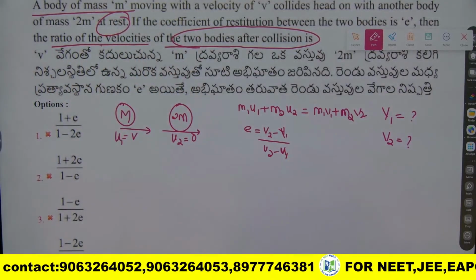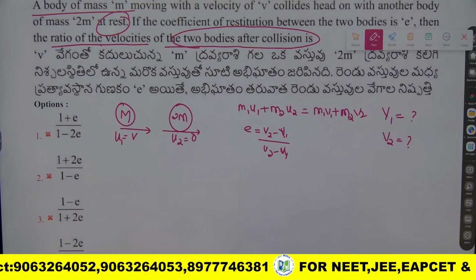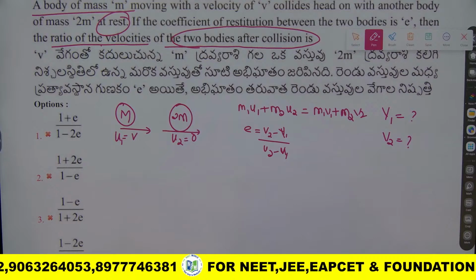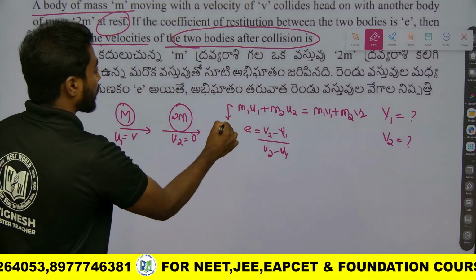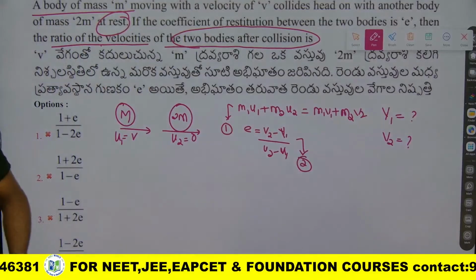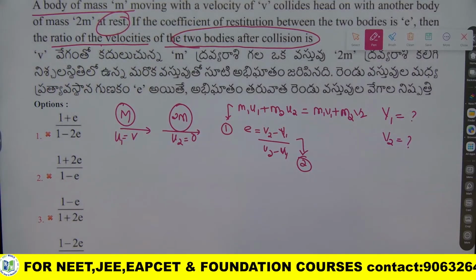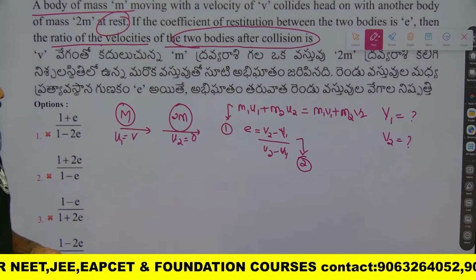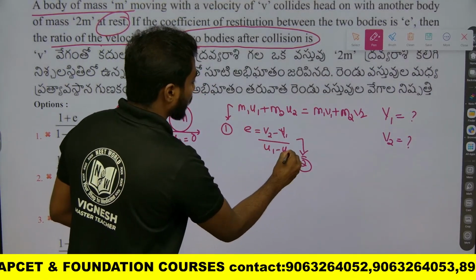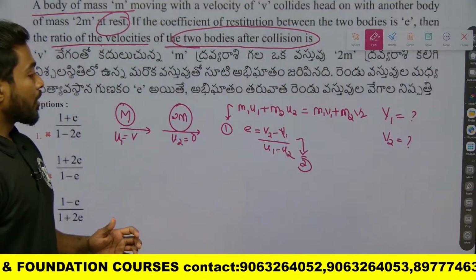Now you can substitute the values u1 and u2, and then you will get equation number 1 and equation number 2. Wait a minute, this is u1 minus u2, right? Yeah, fine.